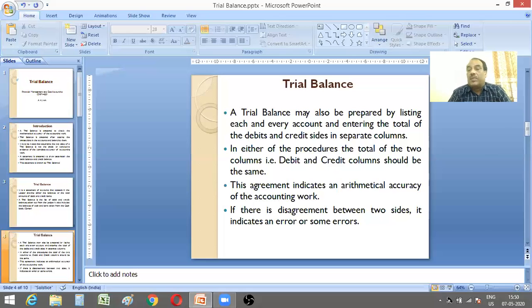If there is disagreement, which is possible, between the two sides, it indicates that some sort of error is there. So the difference indicates that there is some error, and then you need to review your entire accounting work, your entire ledger, and check the entries so that if there is any error, you can correct it.